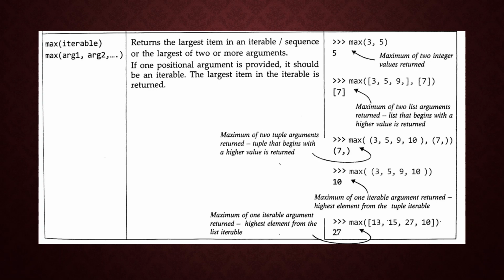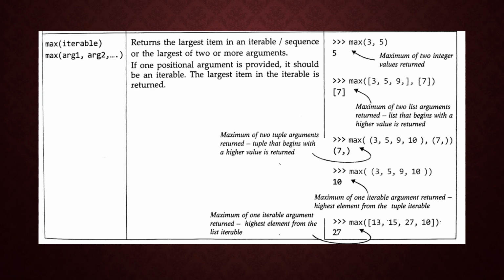Next is the maximum of 3, 5, 9, 10, which is actually a tuple, and 7. Here is also another tuple, and in these two tuples 7 is the largest because, comparing the first values, 7 is the largest.